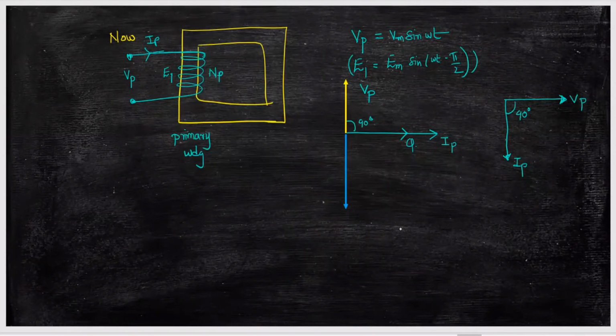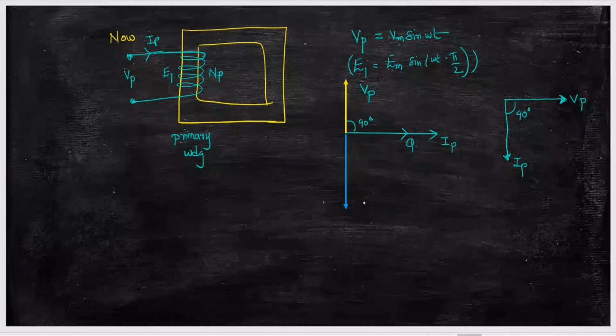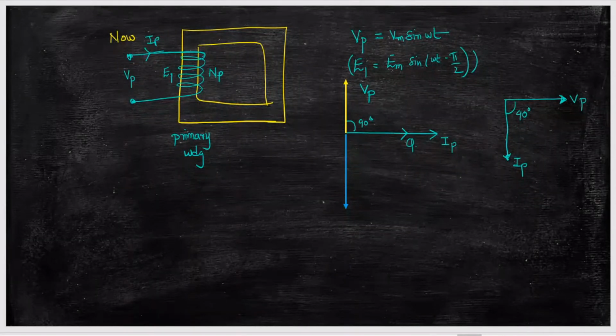That is represented like this. So this is your E1. What is the angle between E1 and Vp? Vp is the voltage applied, and E1 is the EMF induced. The angle between the voltage applied and the EMF induced is 180 degrees. Did you understand how I drew this vector diagram?